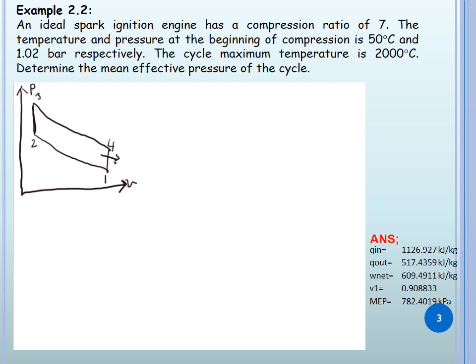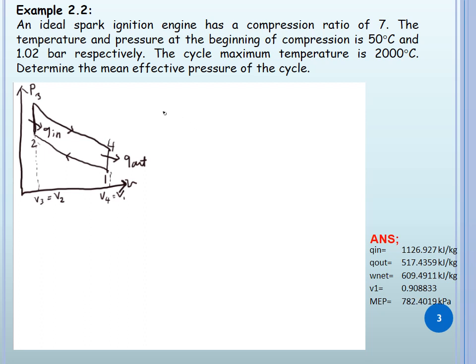From 4 to 1 is the heat rejection process. 2 to 3 is of course the heat addition process. 1 to 2 and 3 to 4 are isentropic processes. We can see here that volume V4 is equal to V1 and V3 is equal to V2.